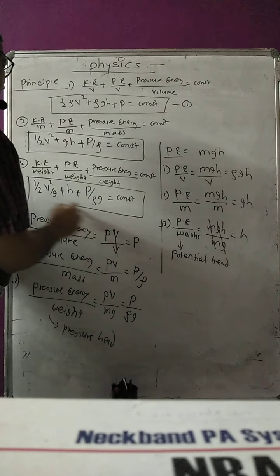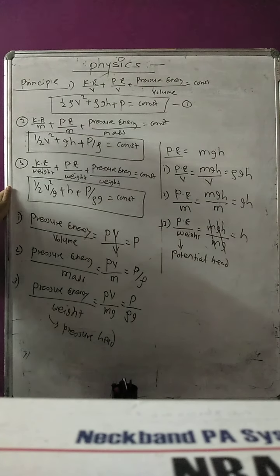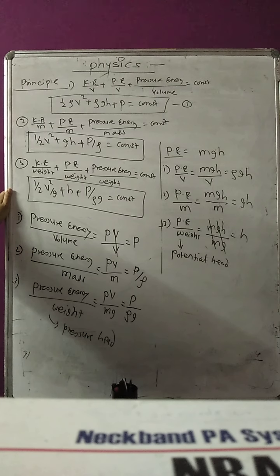So this is the expression for your kinetic energy per unit weight, potential energy per unit weight, and the pressure energy per unit weight. Okay, so these are the three statements of Bernoulli's theorem.